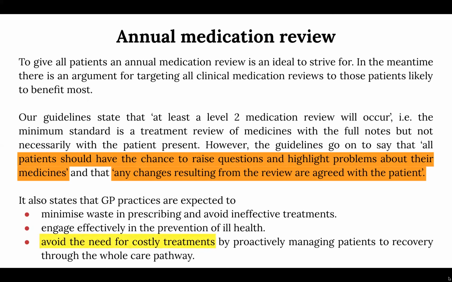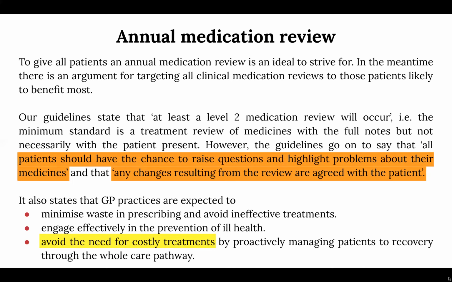Next, we have avoid the need for costly treatments, which we can consider to be agreeing with option B, which is to consider the cost of any change, because of the word cost. However, option B is to consider the cost, while the text provided is to avoid the cost.